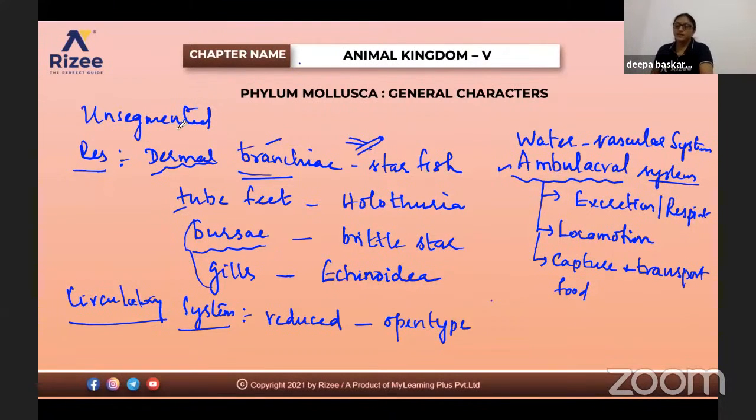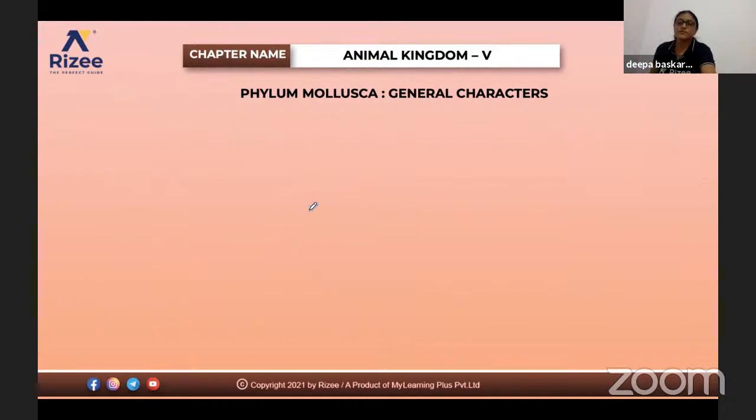Here again, let us come to the excretory system. The excretory system is absent. This ambulacral system itself acts as the excretory system. Next comes, as there is no heart, there is no respiratory pigment also.